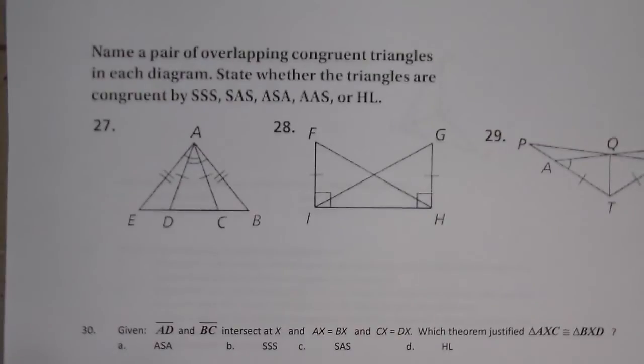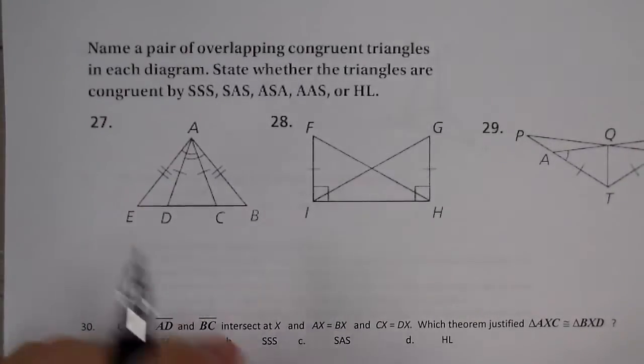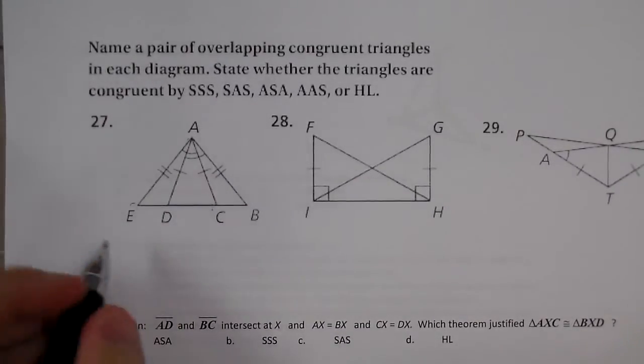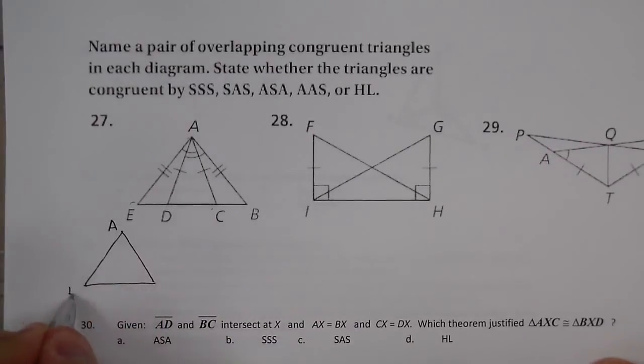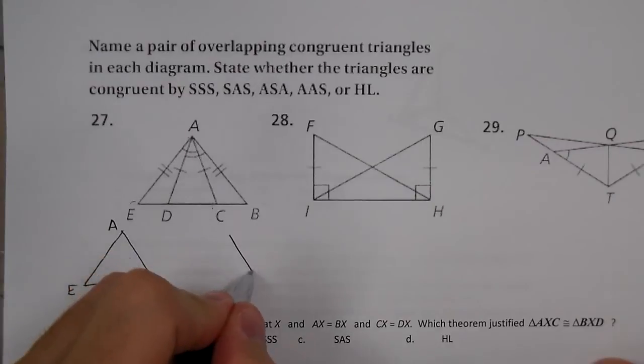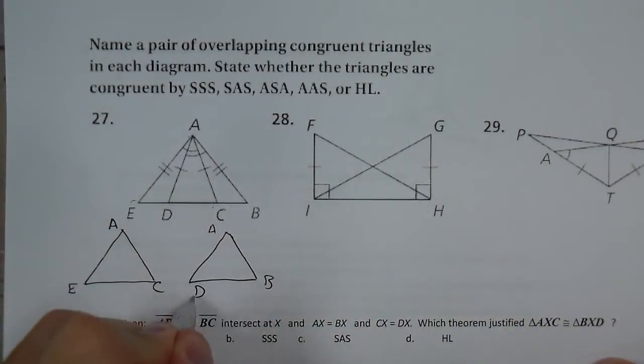For 27, we need to name a pair of overlapping triangles we have and identify the congruence for how they work. So anytime we get two overlapping triangles, draw them separately. So I'm going to draw AEC. I'm going to draw ABD. And let's see what we know.